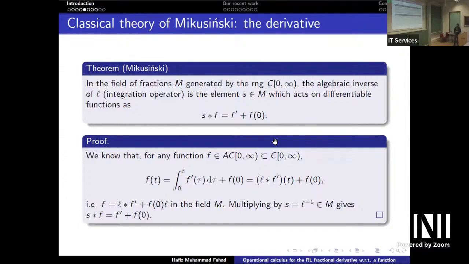We obtain f(t) is equal to the integral from 0 to t of f prime(tau) d tau plus f(0), which is ultimately equal to (L star f prime)(t) plus f(0), so f is equal to L star f prime plus f(0) L, but this time in the field M. So just multiplying this equation by S, which is L inverse, we obtain the required result.